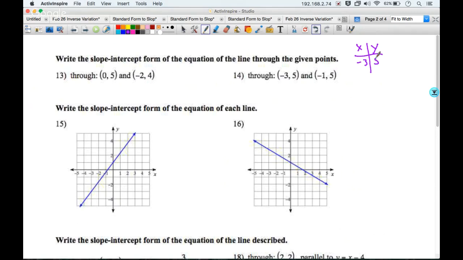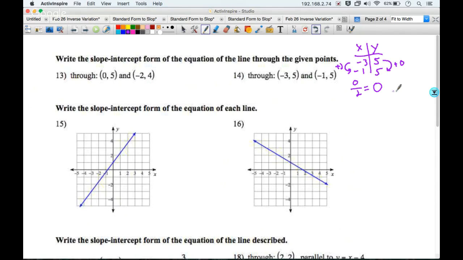So I fill in my points, 5 across from a -3, just like it is right there. The -1 across from a 5, just like it is right there. And then these arrows on the outside tell me how much it's changing by. To go from -3 to -1, I went up 2. To go from 5 to 5, I go up 0. 0 divided by 2 gives me a slope of 0.